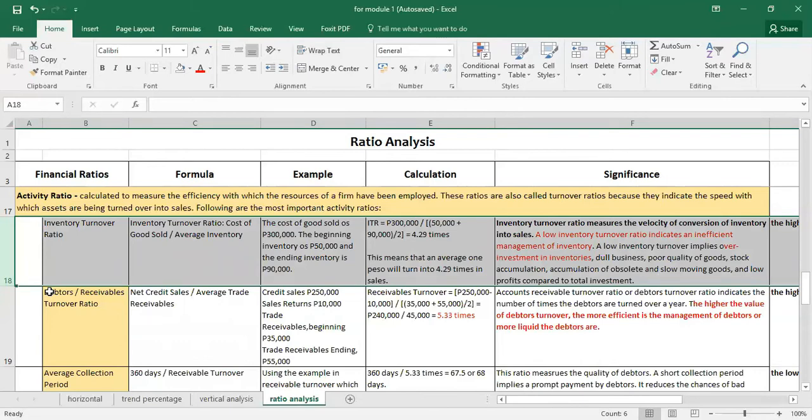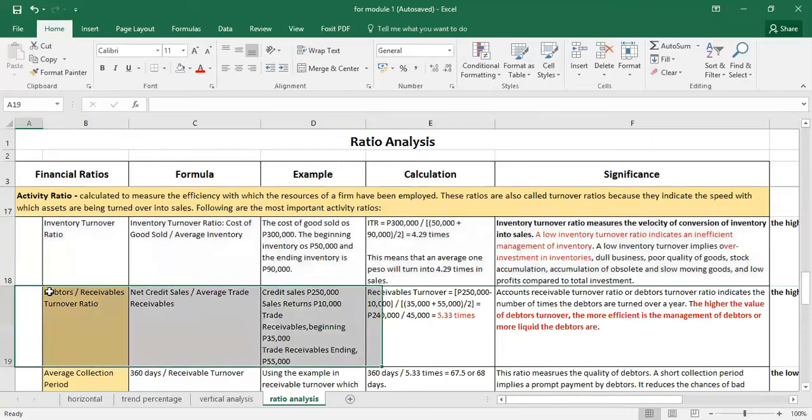So, kung titingnan mo lang ang FS ng isang company, isang ratio lang ng company, hindi magiging ganun ka-comprehensive yung magiging analysis. But if you compare two firms or if you compare two periods, so magkakaroon ng essence ang iyong ratio.